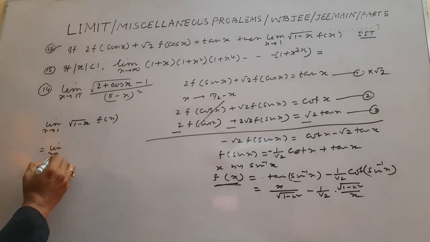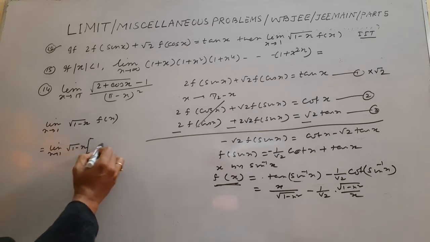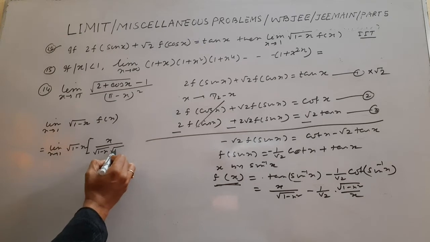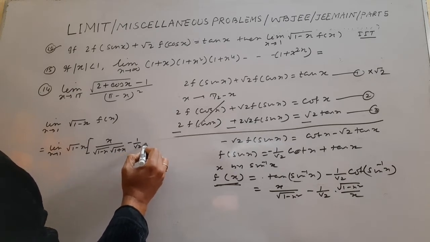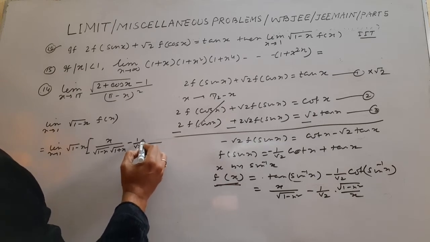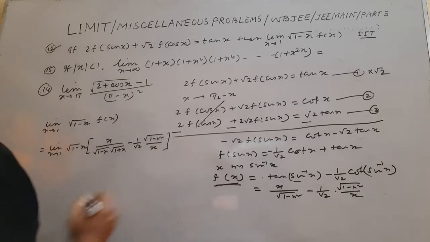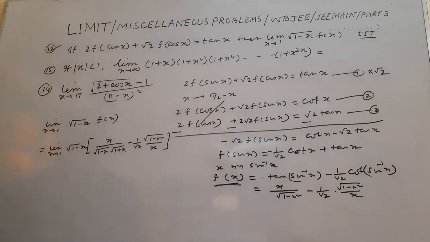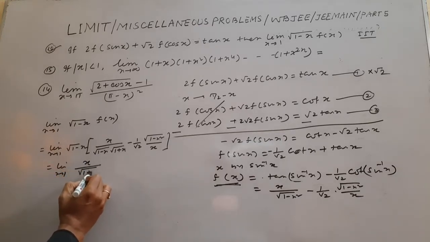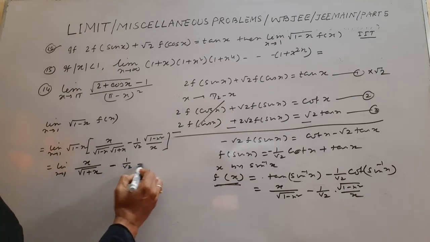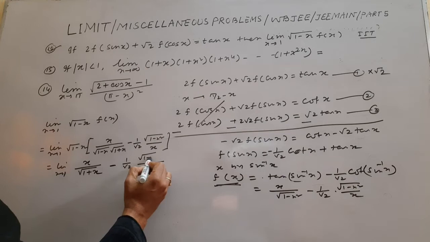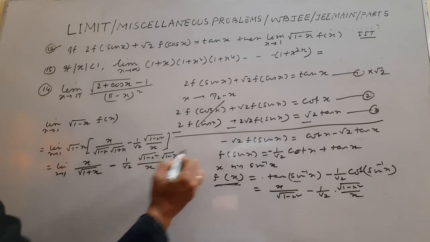So limit x tends to 1, we are getting x/√(1 + x), this cancels, minus (1/√2) into √(1 − x²) √(1 − x)/x.